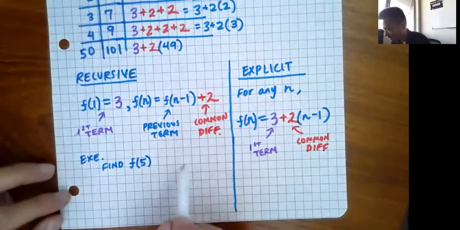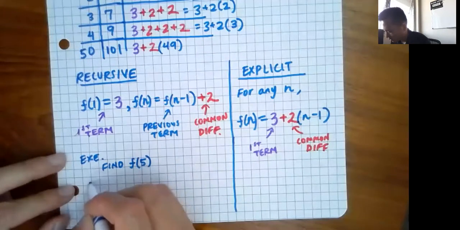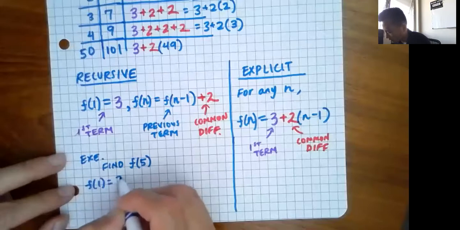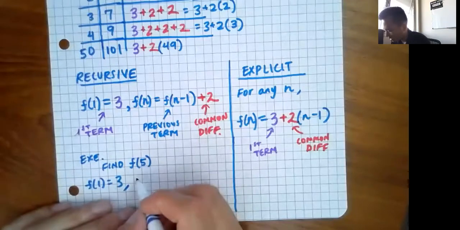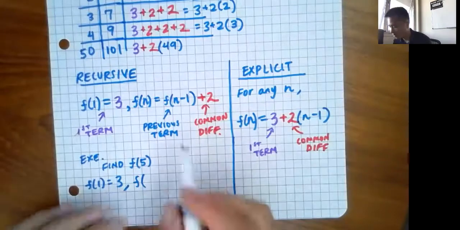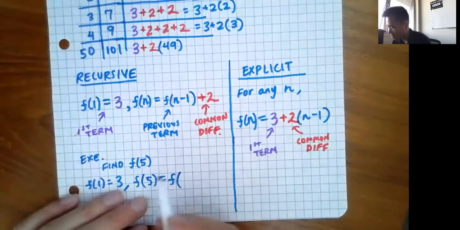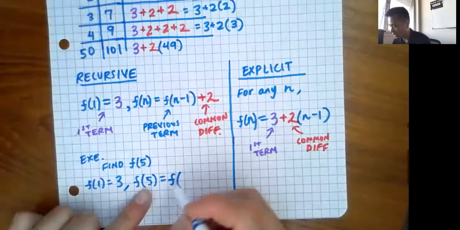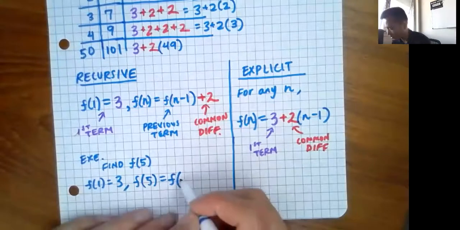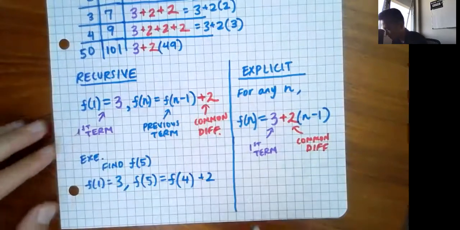Okay, well, I know that the first term is 3, so f of 1 is equal to 3, and then f of n, so in this case n is 5, is equal to f of n minus 1. n minus 1 in this case is 5 minus 1, which is 4, and then plus 2, that's the common difference.